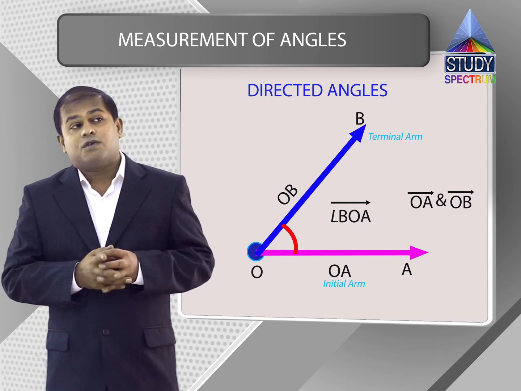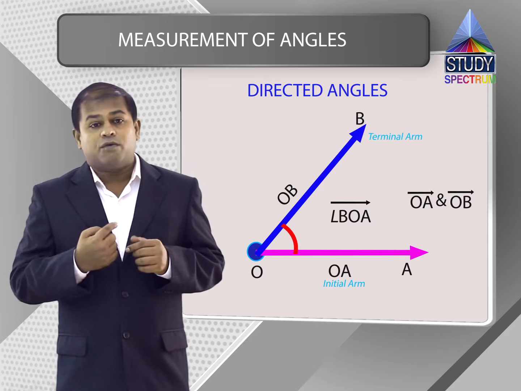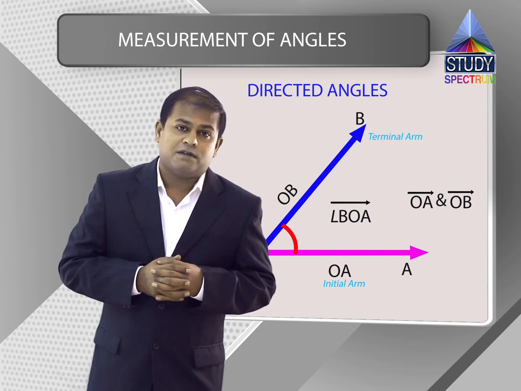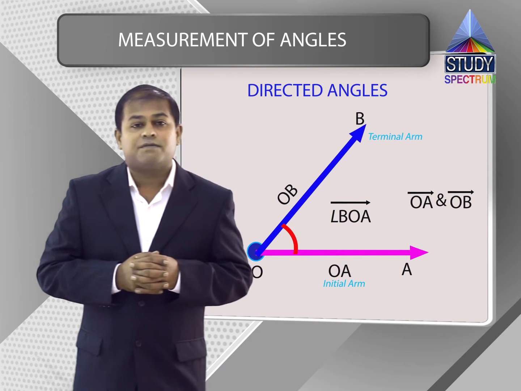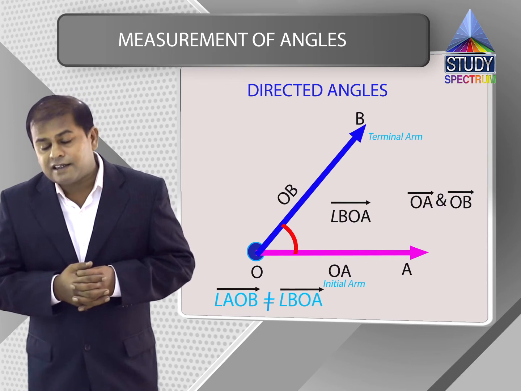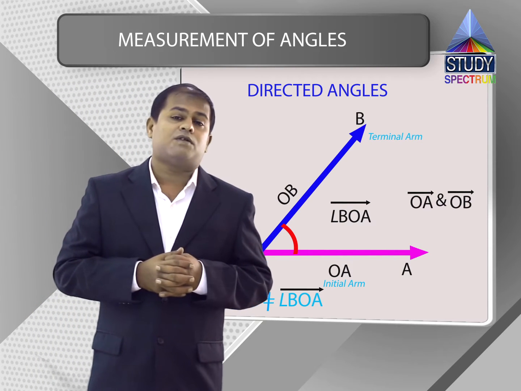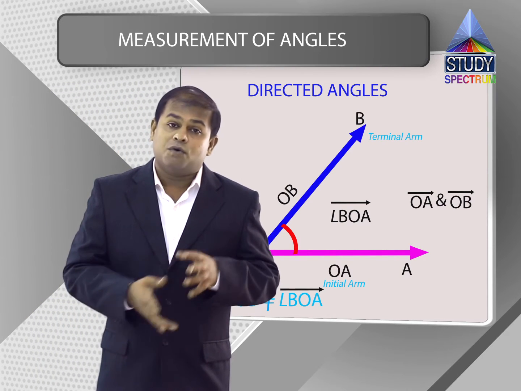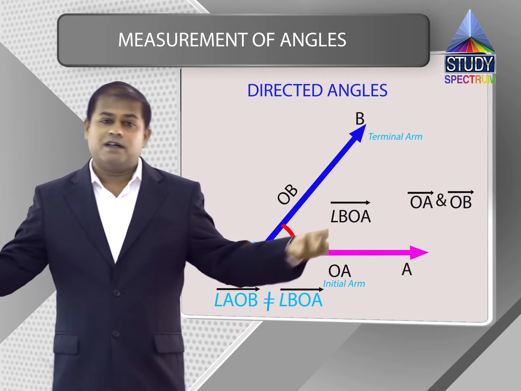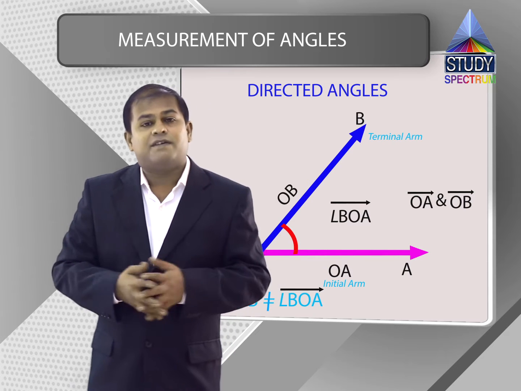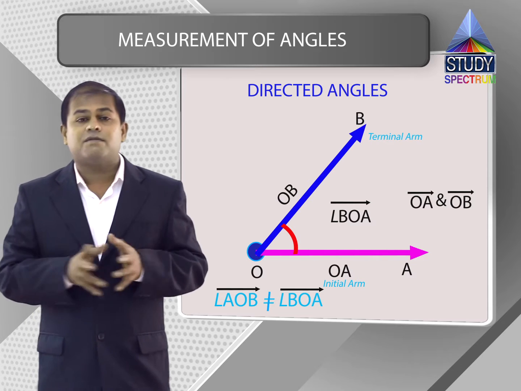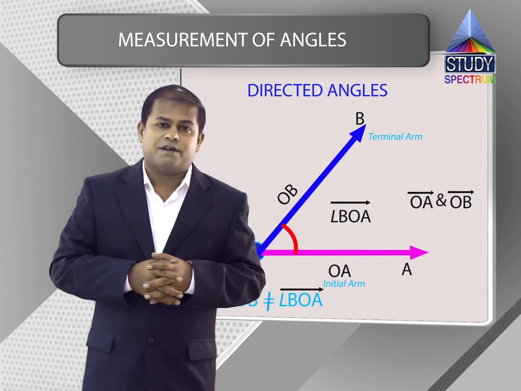Though directed angle AOB and directed angle BOA are equal in magnitude, since they are opposite in direction, directed angle AOB is not equal to directed angle BOA. In previous standards we used to say angle AOB and angle BOA are one and the same thing, but directed angle AOB is different from directed angle BOA.